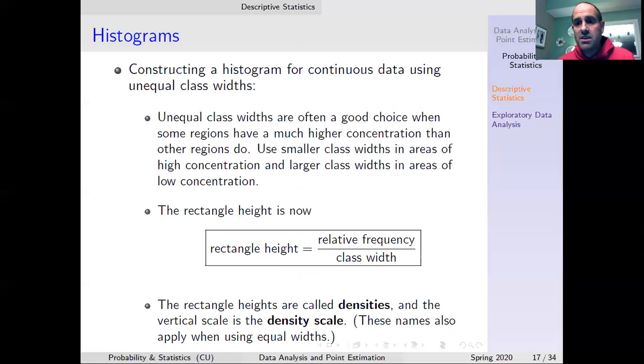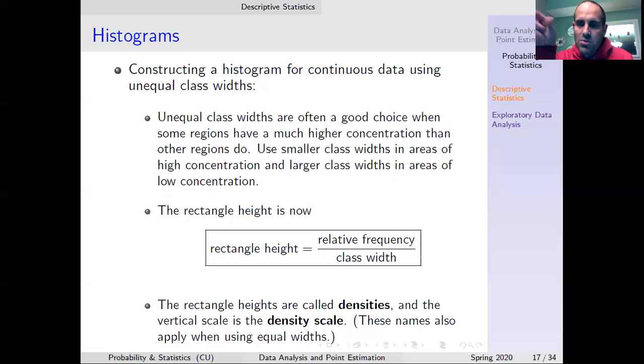You want the area of each one of those rectangles to correspond to probability, okay? But in order for that area to correspond to probability, it needs to just straight up equal the relative frequency. So how am I going to have that happen? Well, you know that the width of the rectangle is the class width, okay?